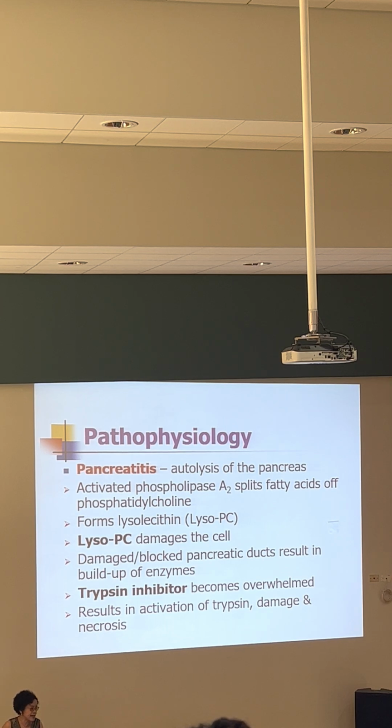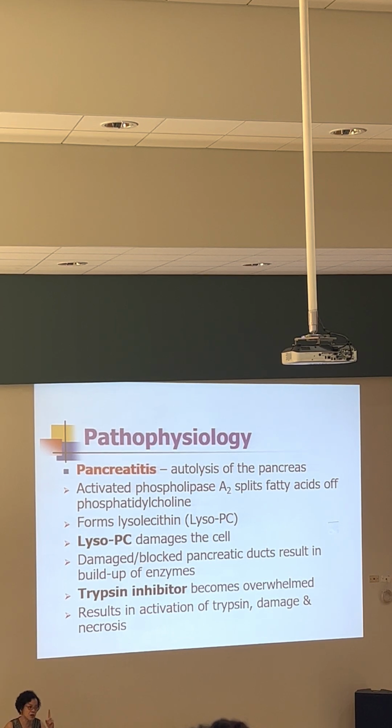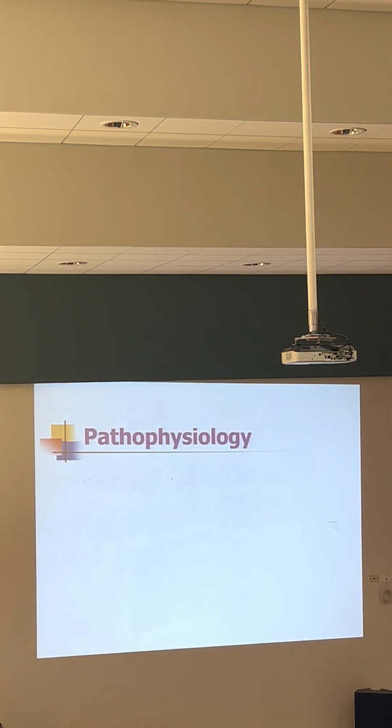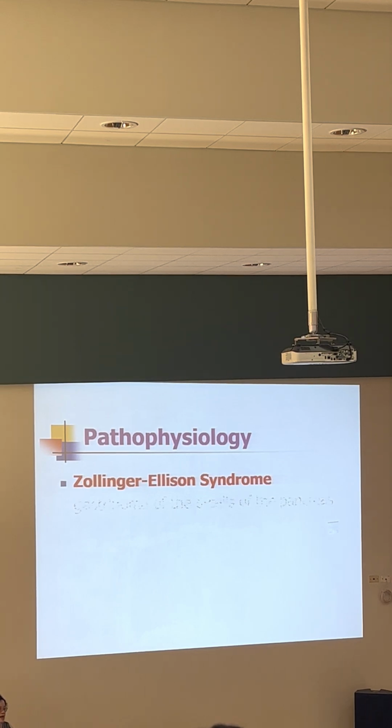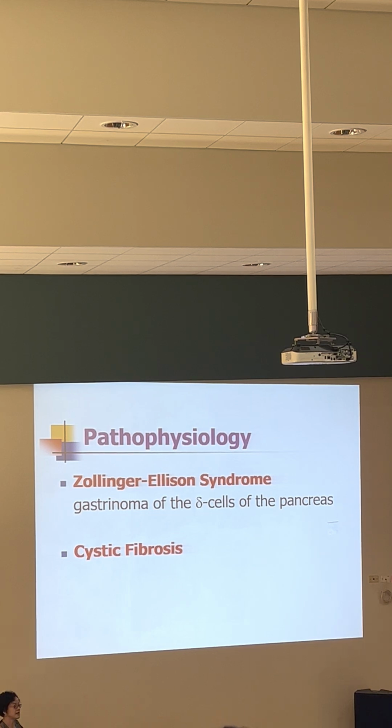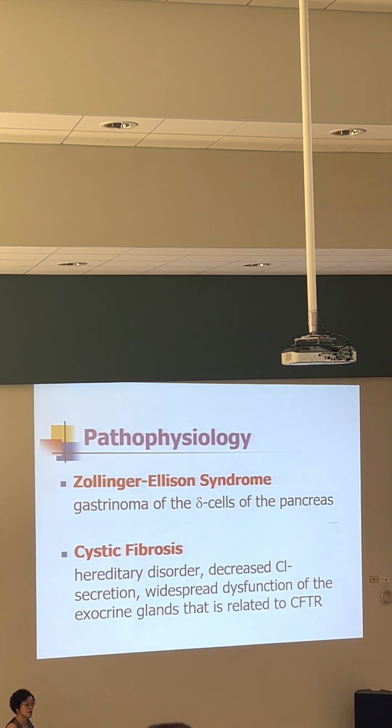Once you get activation of one molecule, you're going to activate everything. And then you have Zollinger-Ellison syndrome that you should know about. That is when the delta cells of the pancreas have become tumorous. That's another pathology.